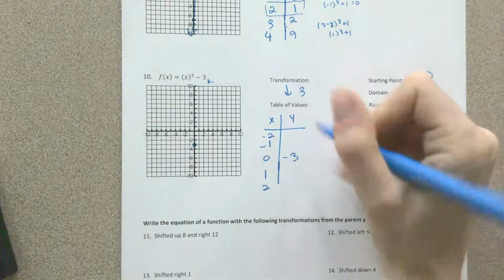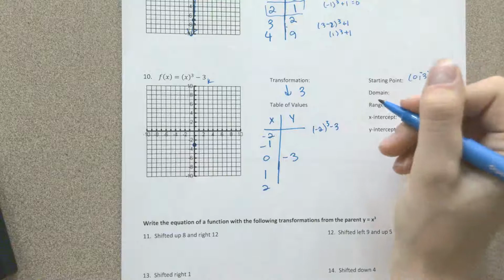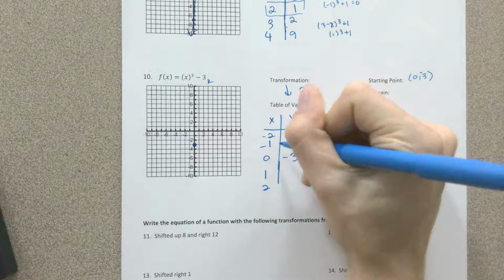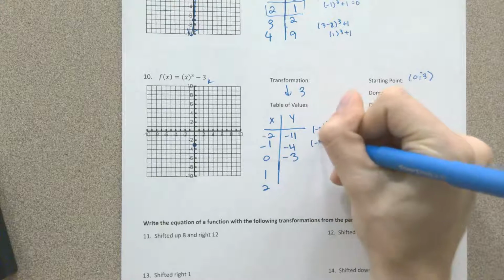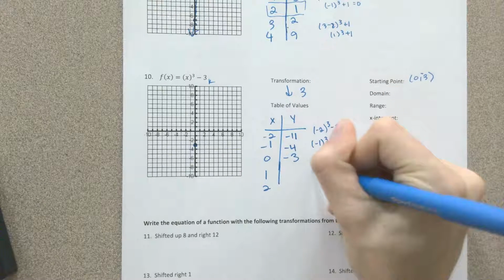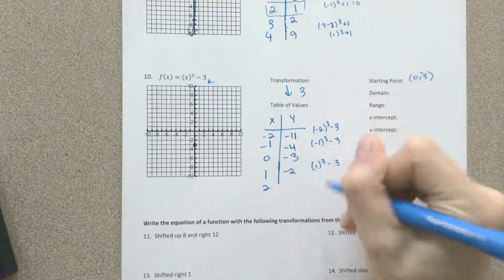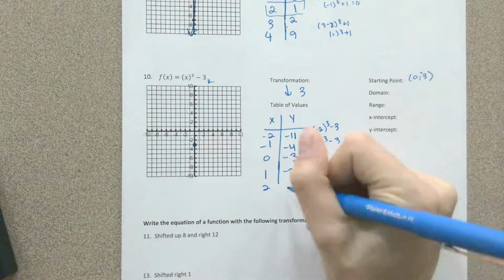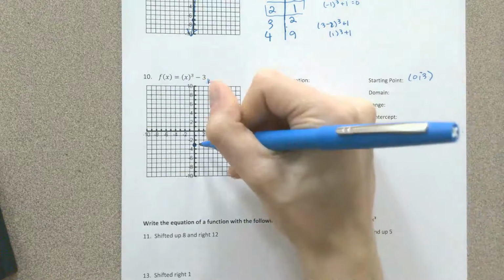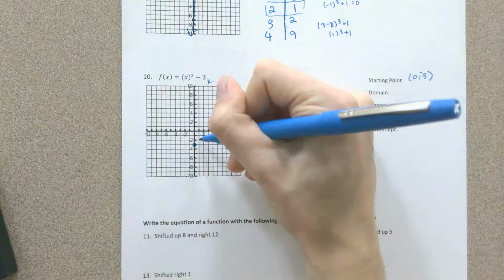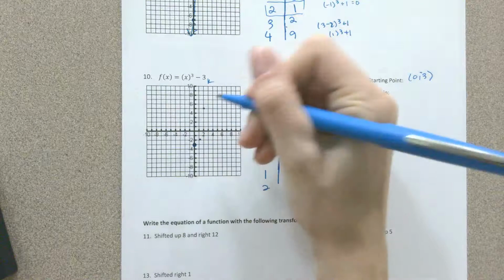So plugging these in, I get -2 cubed minus 3, which gives me -11. I have -1 cubed minus 3, which gives me -4. I have 1 cubed minus 3, which gives me -2, and I have 2 cubed minus 3, which gives me 5. So I plot these. I have 1, -2, and 2, 5.